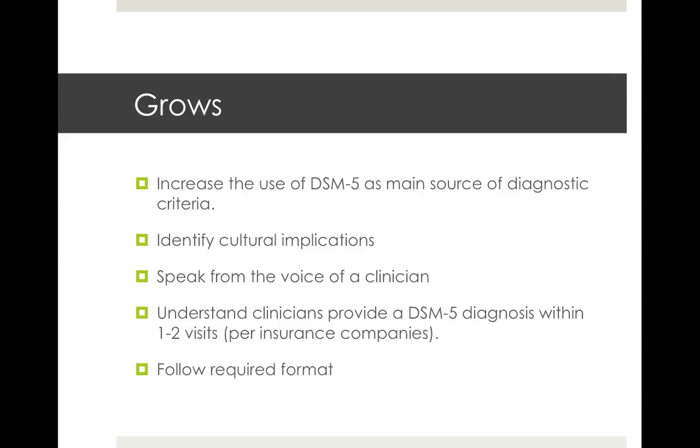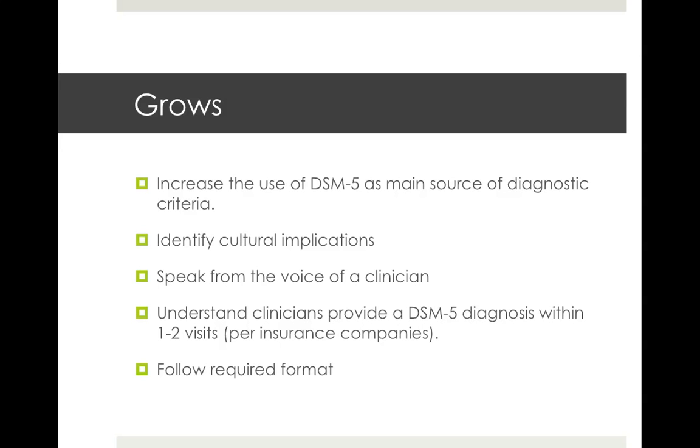You should be able to use the DSM-5 as a way to look at the symptoms, the duration, and the criteria that's needed for you to come up with a correct diagnosis. You also want to make sure that you specifically identify cultural implications.